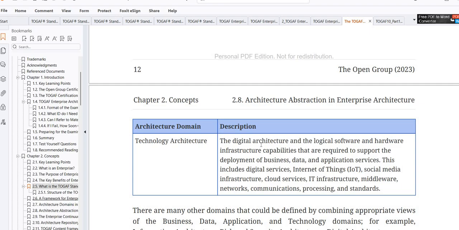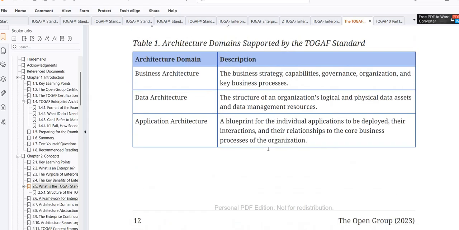Now coming to technology, like how your infrastructure works: logical, software, and hardware systems. Like you have a data center, physical and data applications like IoT services, social media, infra, cloud services. All of this comes under the technology architecture point of view. This is the very core concept in the architecture domain principles.